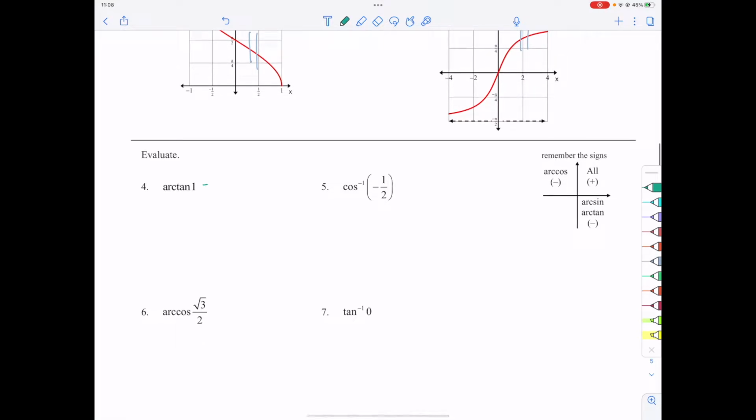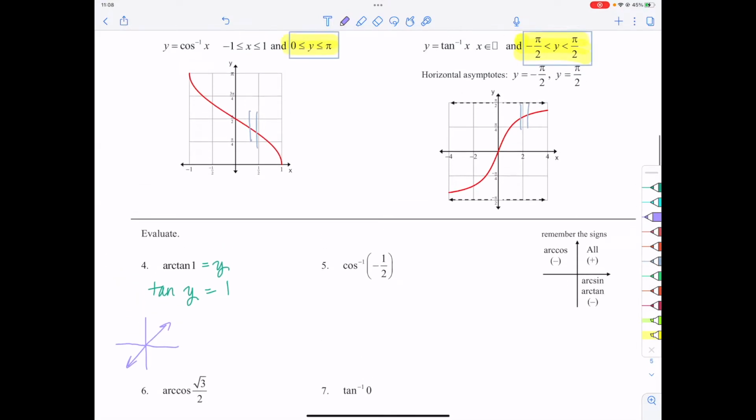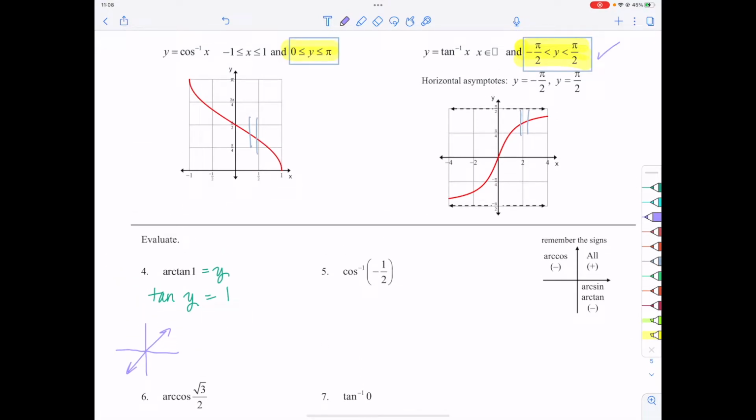We'll let that equal y, and so we can say that the tangent of y is equal to 1. Now, where is the tangent equal to 1? A positive 1 is in quadrant 1 and 4. And remember, our restriction for the tangent is just like the sine.